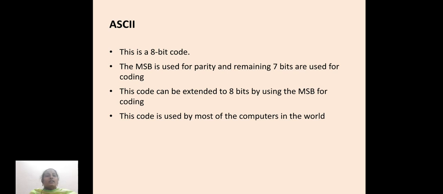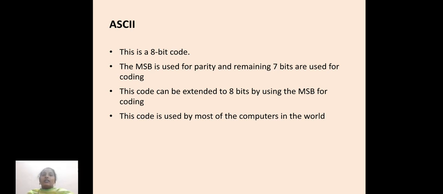So here parity means the code that is used for checking errors. ASCII code is used for transmitting data over telephone lines, as I said already.